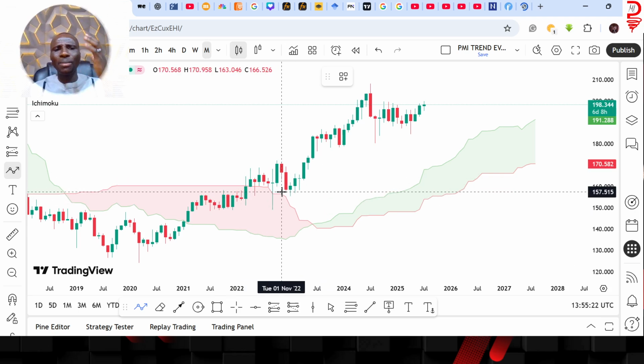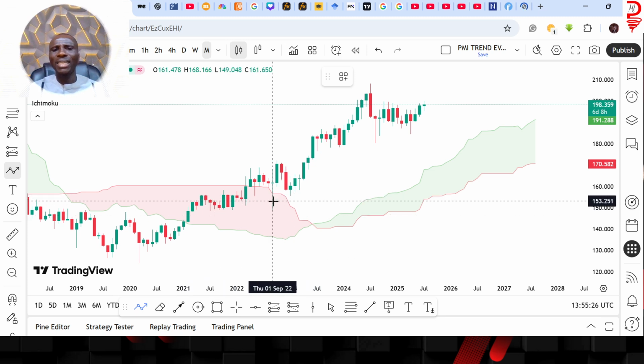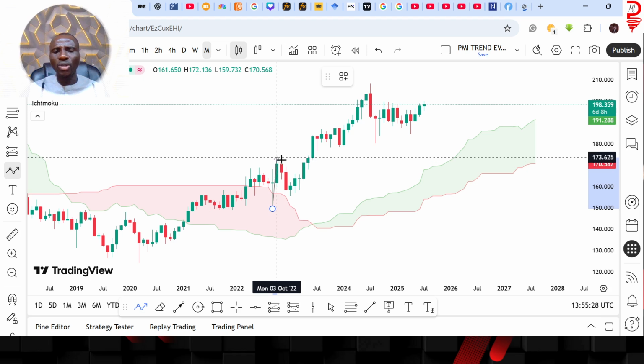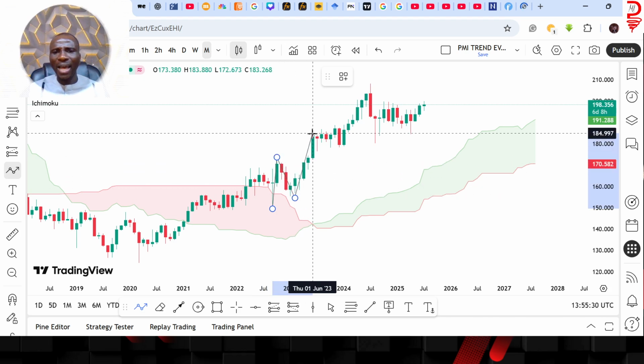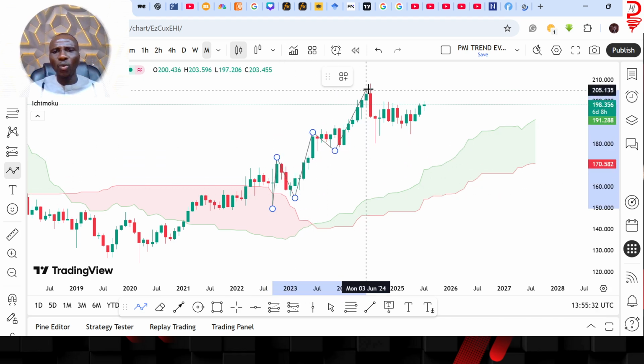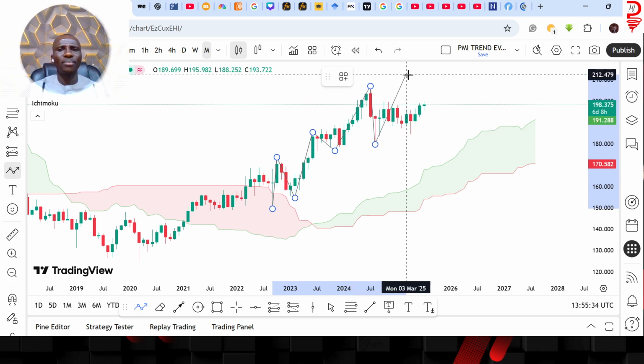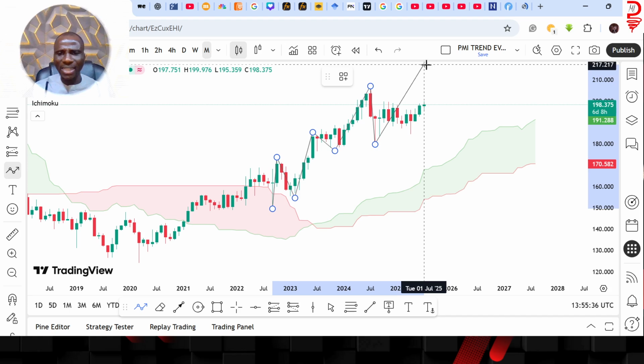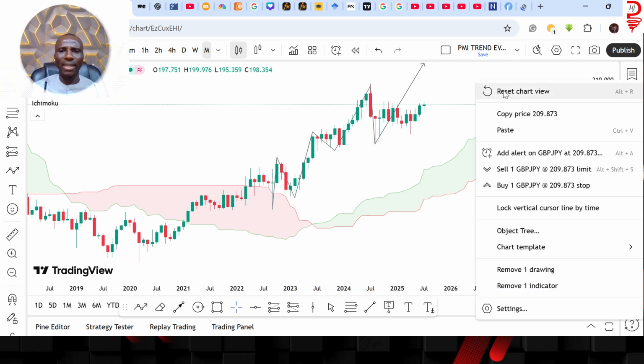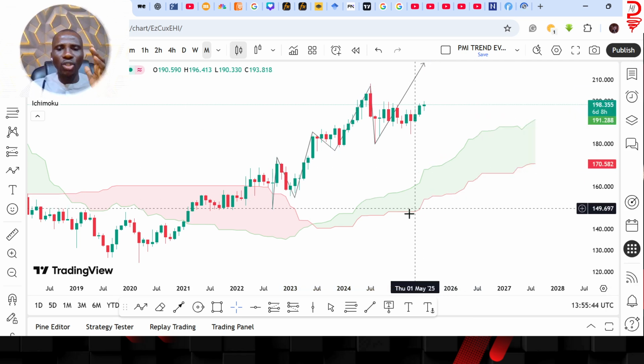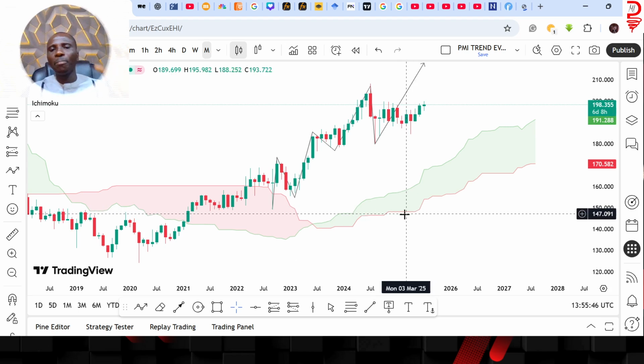If you look at the monthly chart, you will see that to a greater extent, the market has been giving you higher high and higher low. Are you getting it now? Now, we are expecting that the next move on GBP JPY will be a move to the upside, based on market orientation.